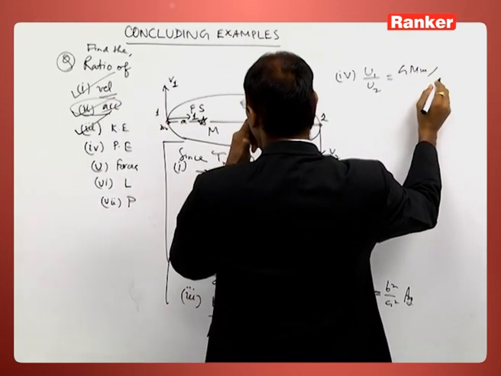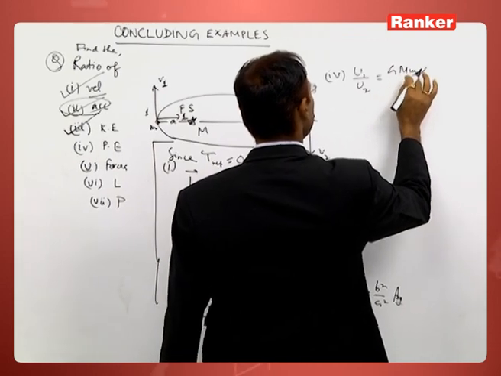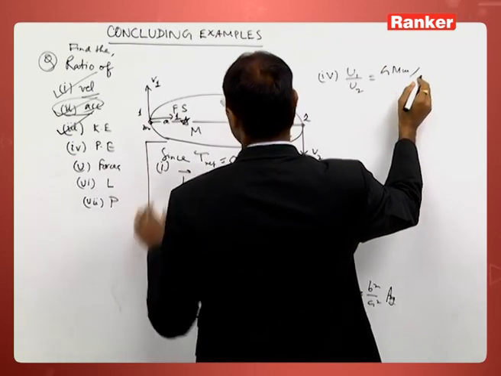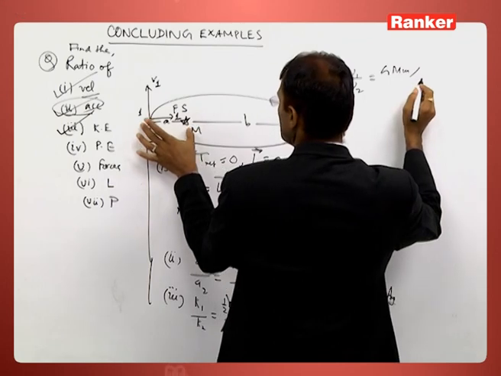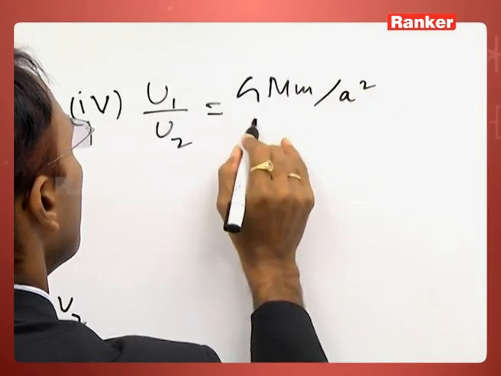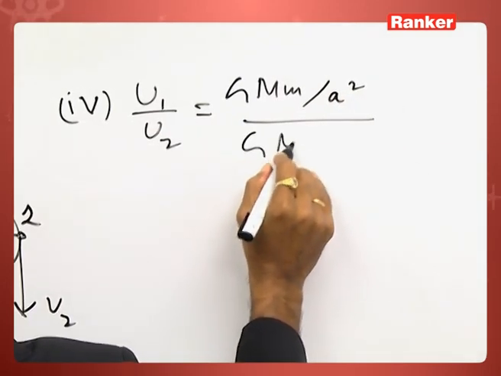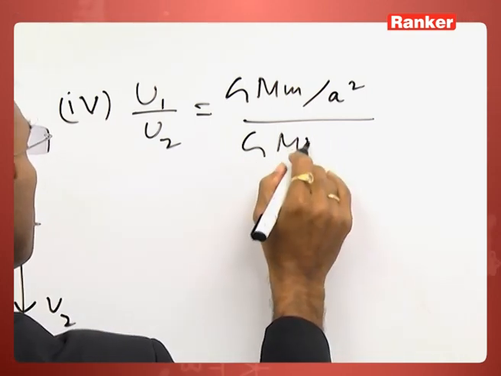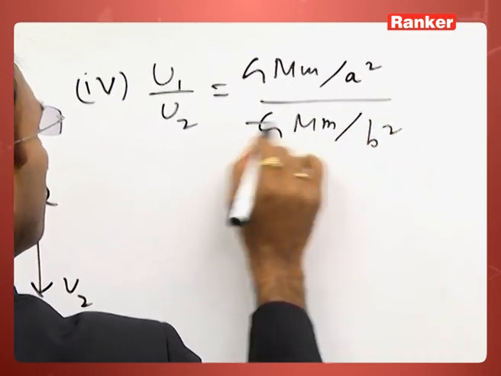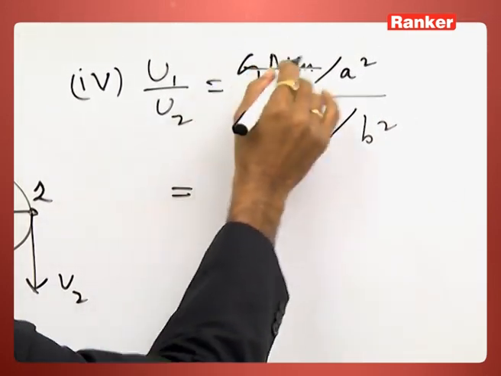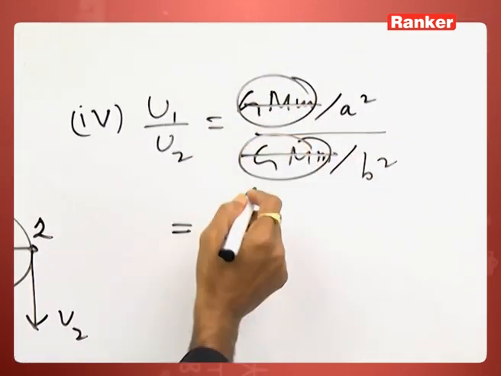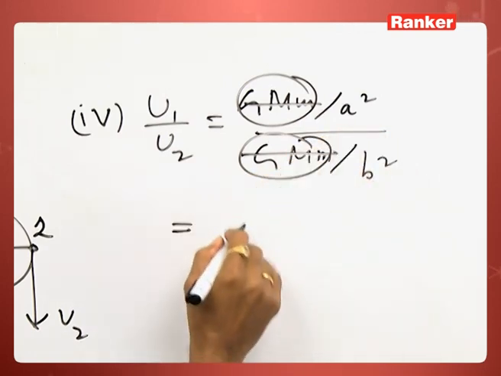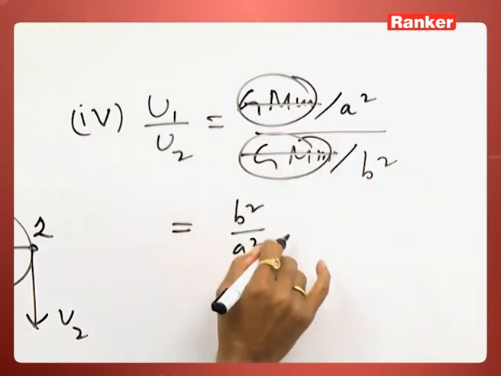Here m1 m2 is small m into capital M and r is for this position a, and here for this position the r is b. In this way, if you get cancelled this numerator term G small m into capital M, you are getting b upon a. Answer.